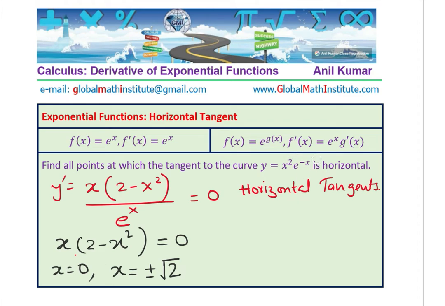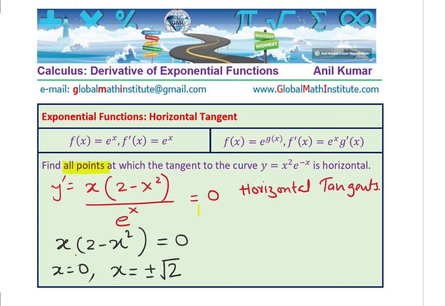Now if you look at this particular function, the domain is all real numbers, correct? And therefore, all will be possible solutions. Now remember, we want all points. When we say points, we need to give the y values also, right?